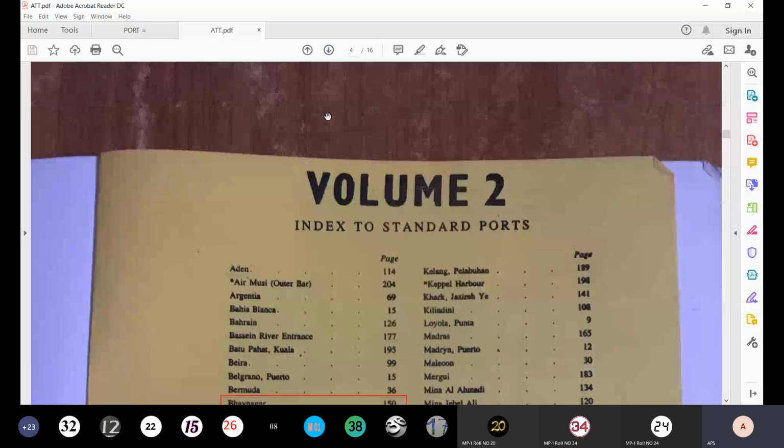This is the volume 2 standard ports cover page. These are the common curves for volume 2 and 3. This I'll explain, table 6, table 5, table 7 also. This is Bombay.